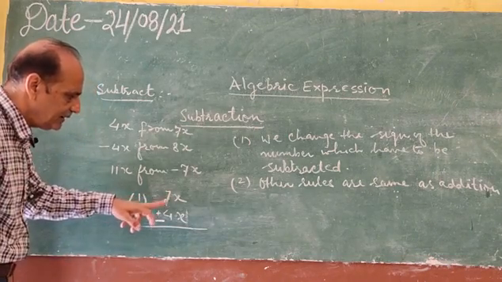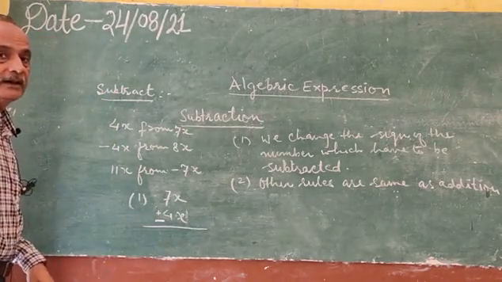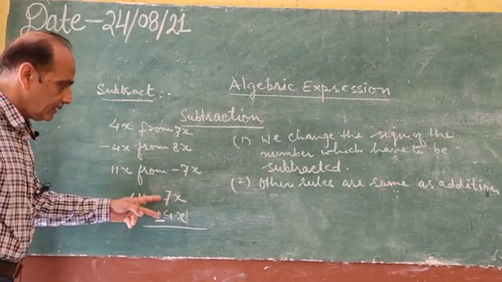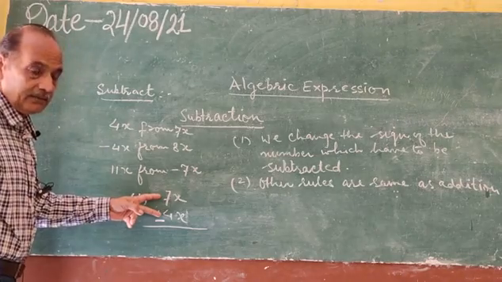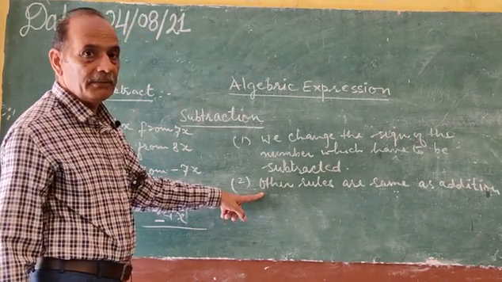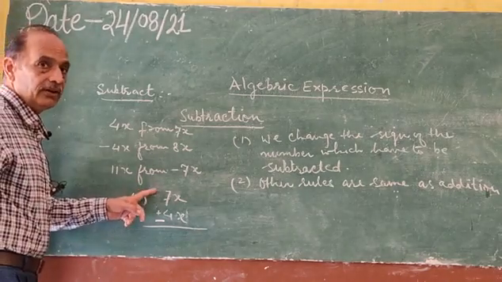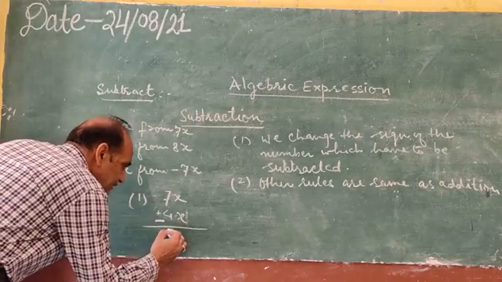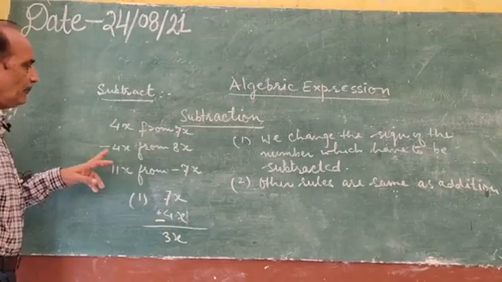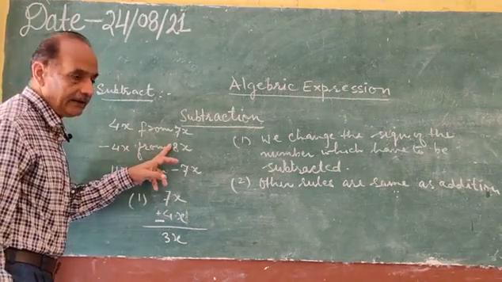Now 7x minus 4x, and the answer is 3x, and there will be a plus sign, because we have already studied in addition that numbers of opposite signs are subtracted, and in the answer we use the sign of greater number, so the answer will be plus 3x.